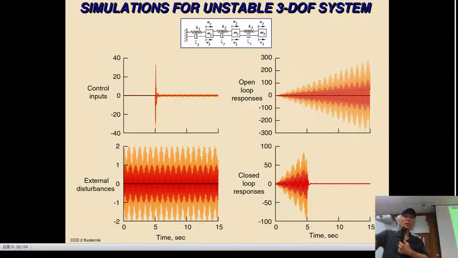So here we have input, where output is Y. From 0 to 5 seconds, you don't see any signal here, but if you look carefully, there's a very small signal involved there, because at 5 seconds, this is too much. I will explain why my control force becomes from almost 0 to like 30.